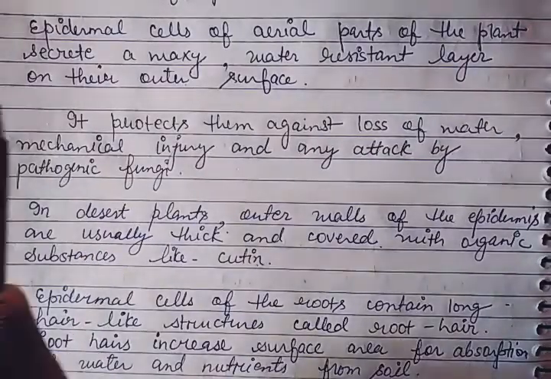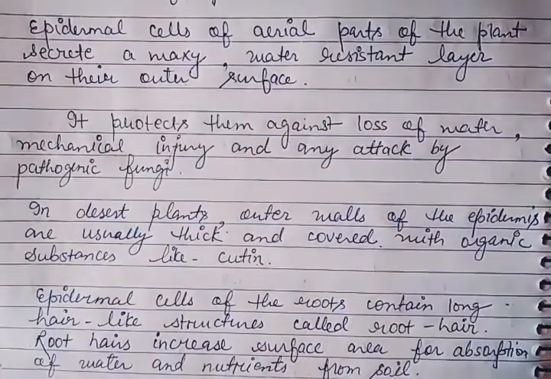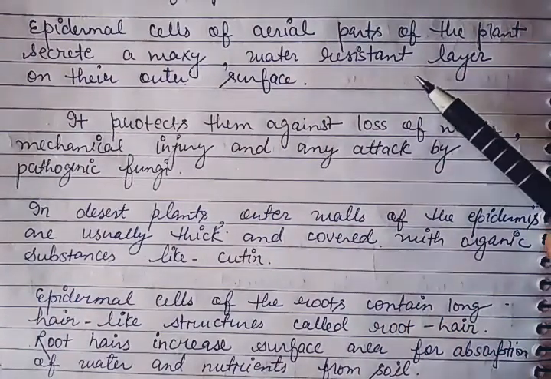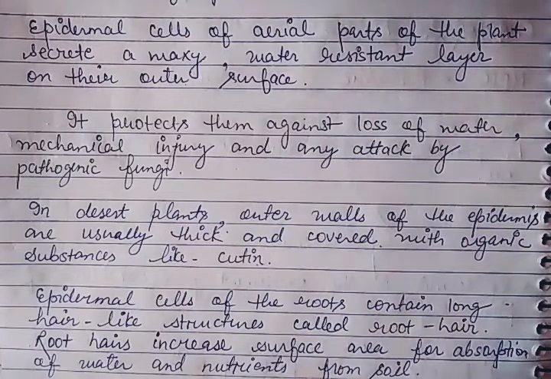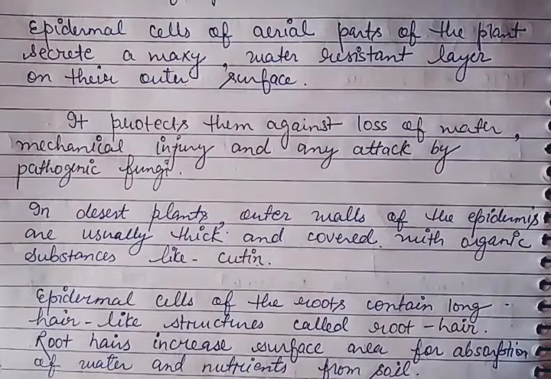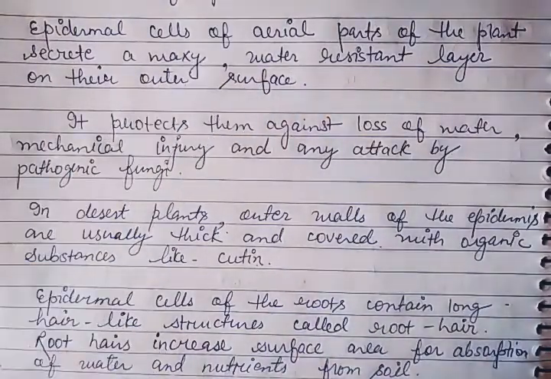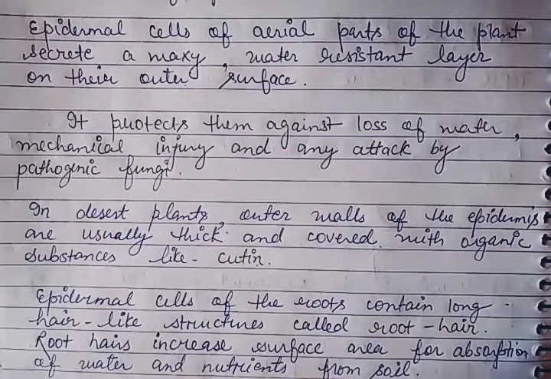Epidermal cells of aerial parts of the plants secrete a waxy, water-resistant layer on their outer surface. In the parts of the plants that are found towards the environment, the epidermal cells secrete a waxy, water-resistant layer.